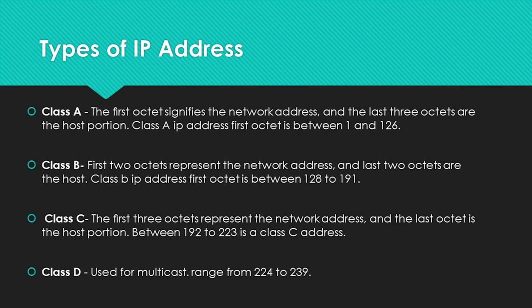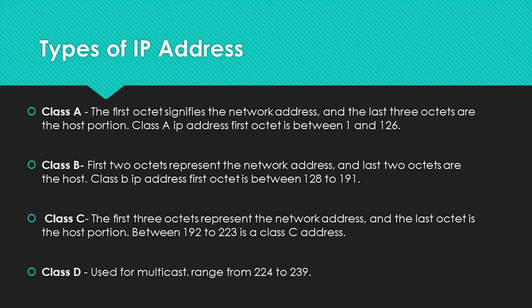Class A. The first octet signifies the network address, and the last 3 octets are the host portion. Class B IP address, first 2 octets represent the network address, and the last 2 octets are the host. We have the Class B IP address. The first octet is between 128 to 191.